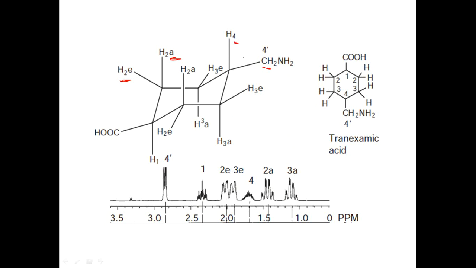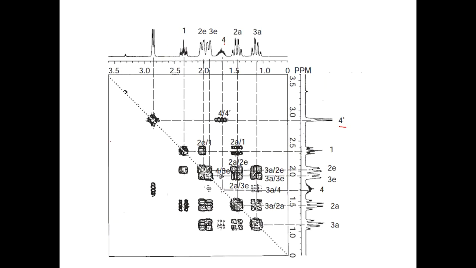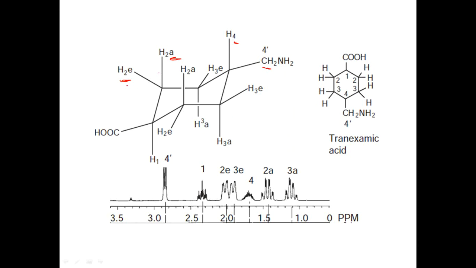How these two interact with this is seen from this spectra. The 4 prime and 4 are only interacting with this, and proton number 1 is interacting with 2 equatorial and 2 axial.